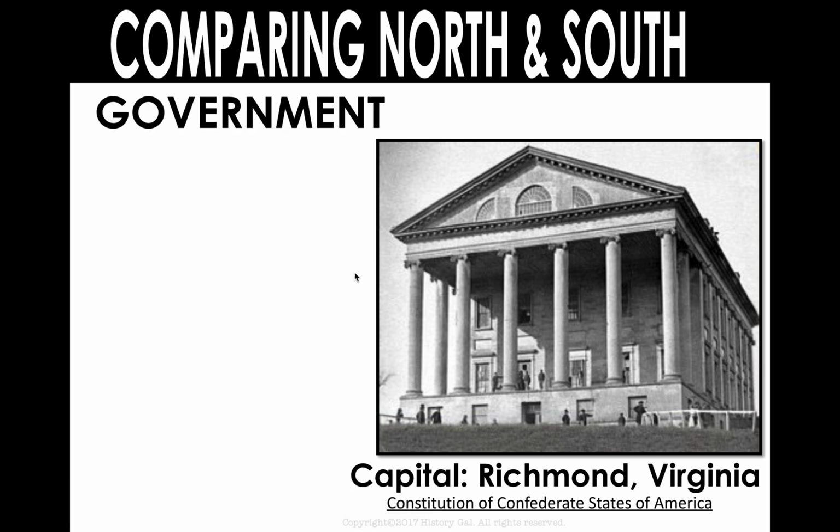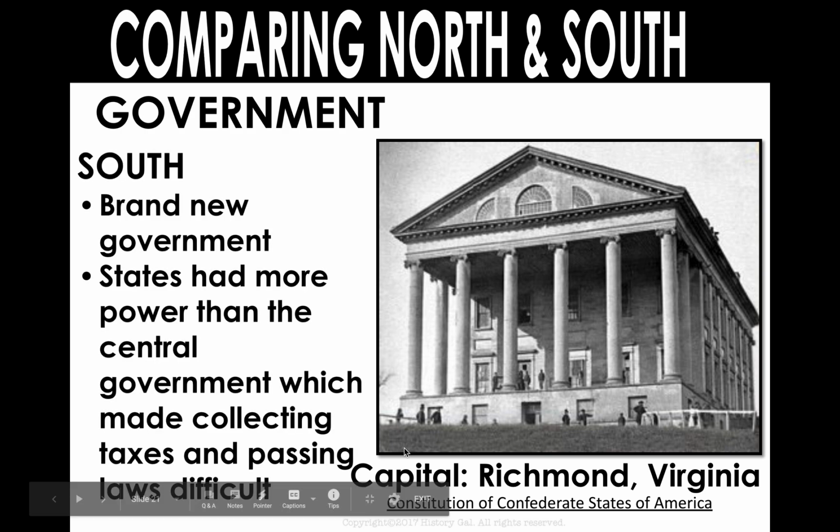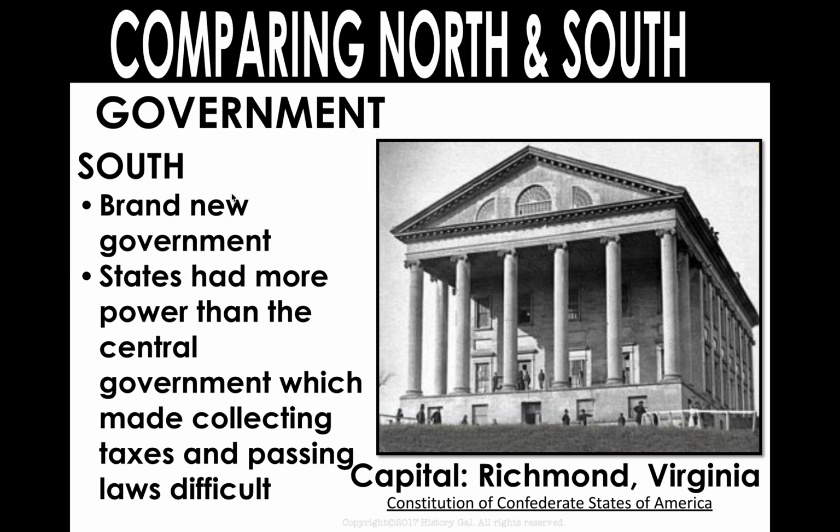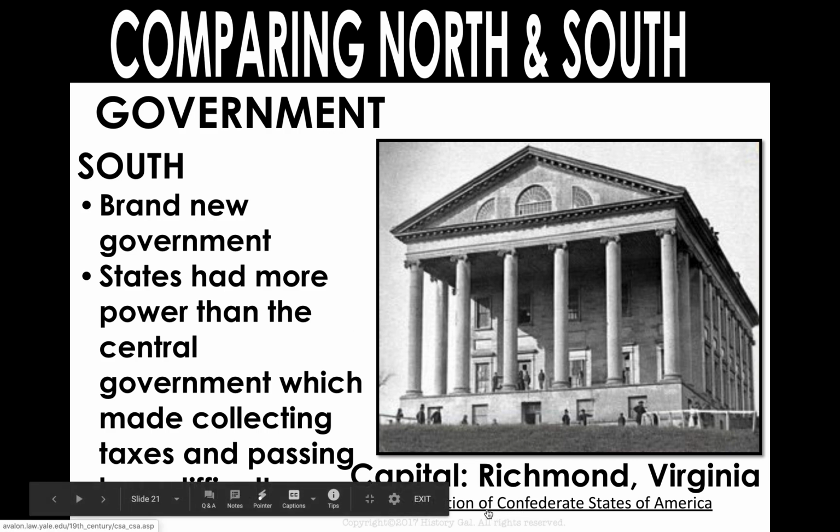For the South, their capital was in Richmond, Virginia. The South had a brand new government, and the states had more power than the central government, which made collecting taxes and passing laws difficult. So it was difficult for their central government to collect taxes from their citizens. They had their own constitution, the Constitution of the Confederate States of America.